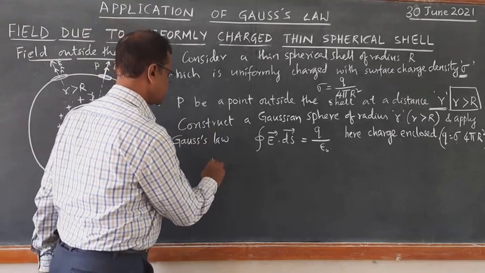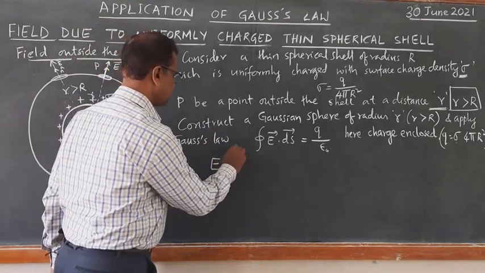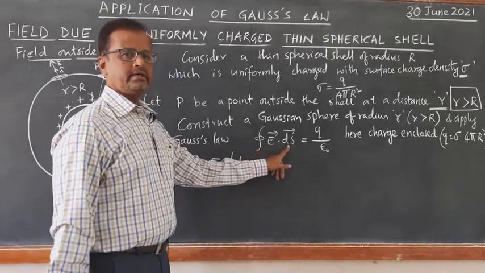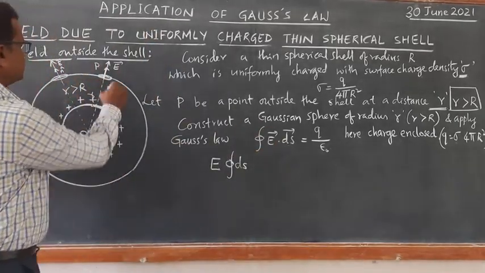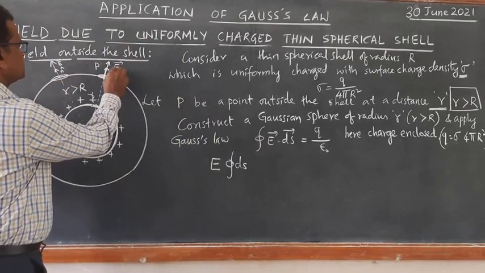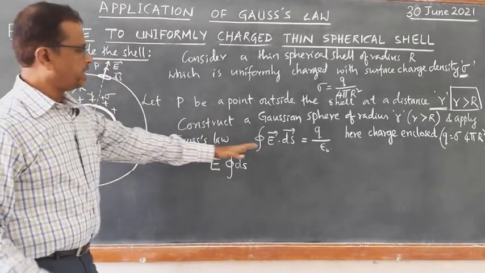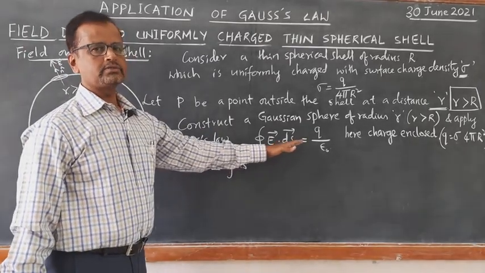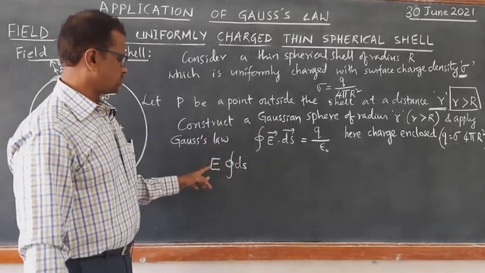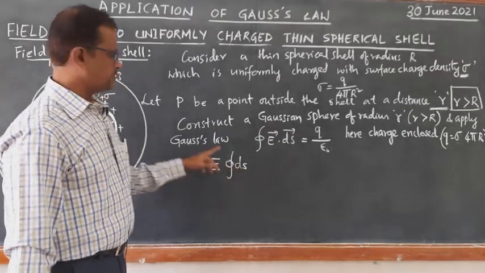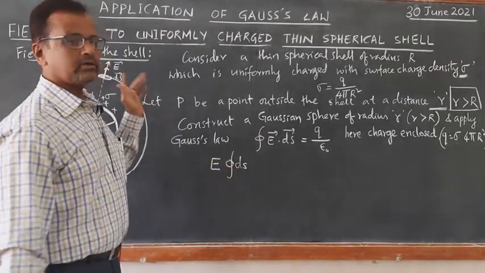So this becomes E into the integral of dS, because for any small area, the dS vector and the E vector are in the same direction. So E dS cos 0 becomes E dS. Next, I am taking E outside the integral of dS for the entire enclosed surface.